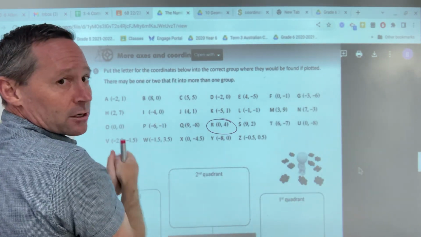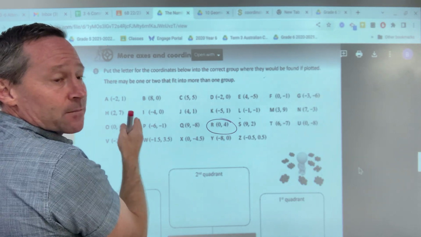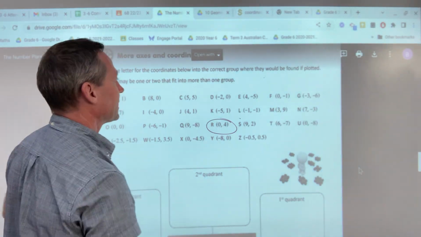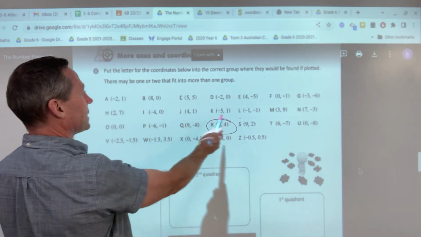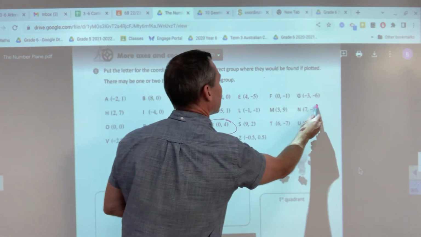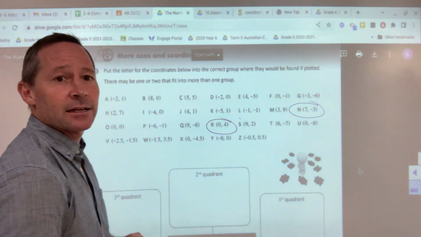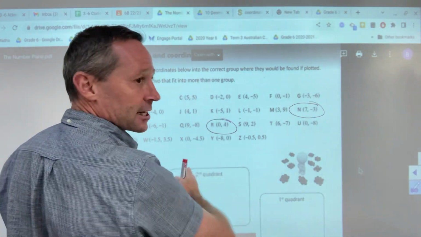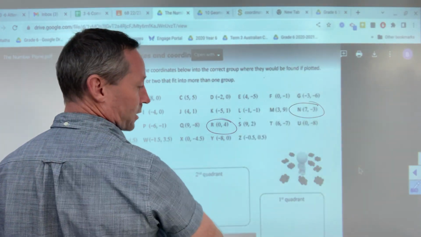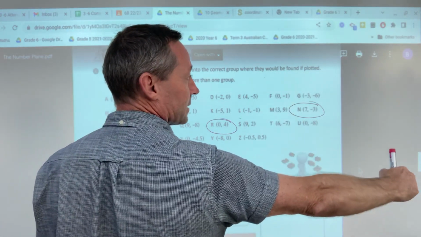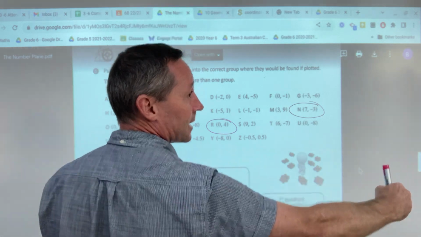I'm not in any quadrant, I'm actually on the y-axis. What about, let's try this one here. N, 7, -3. So I start at the origin, 0, 0, just 0. 7 is a positive, so I go 7 to the right. -3, I go down 3.